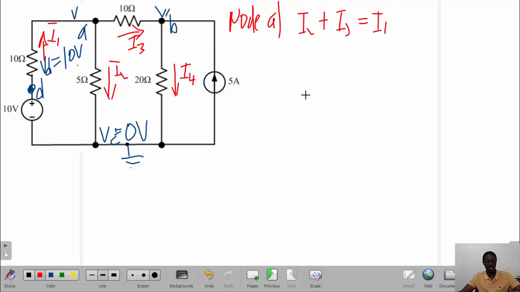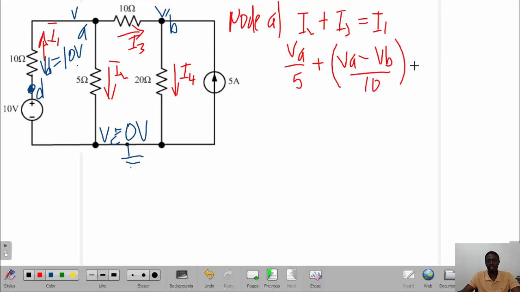And we know that I2 is simply VA minus VC, which is 0, divided by 5, which is the resistance here. So we've got VA over 5, because VC is 0. That adds to I3, which is VA minus VB over 10.